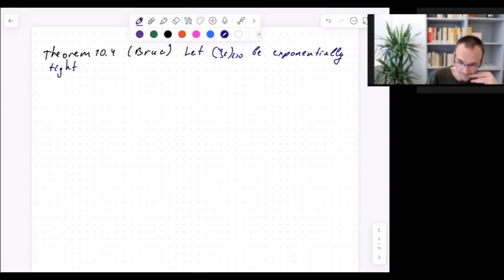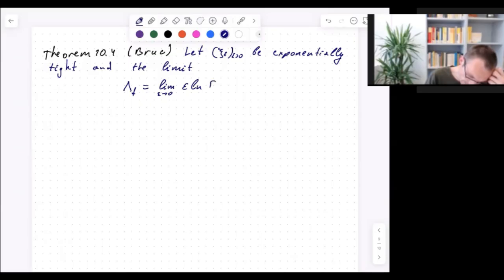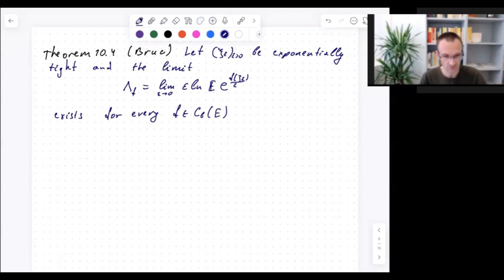And the limit, maybe it makes sense to repeat it, the limit as epsilon goes to 0 of epsilon times the logarithm of the expectation of e to the power f of psi epsilon divided by epsilon, exists for every f that is a bounded and continuous function on E. We just need the existence of the limit for every bounded continuous function.